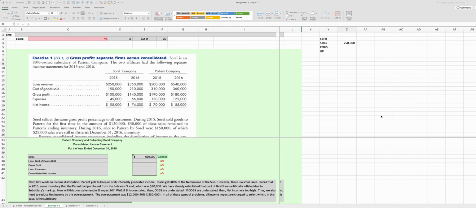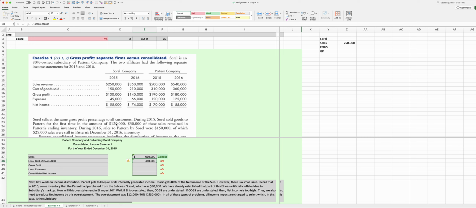With cost of goods sold, we typically just add the 2015 figure for Sorel and the 2015 figure for Pattern if there weren't any intercompany sales. But we need to be cognizant of the fact that there are some intercompany sales, and we'll deal with that in a moment. During 2015, Sorel sold goods to Pattern for the first time in the amount of $120,000.